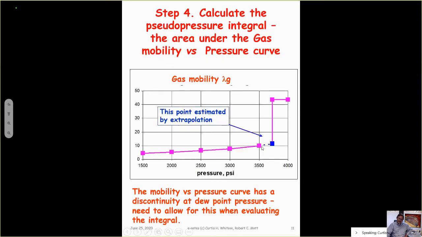And then basically from the trend of mobility here, he just extrapolates out to the dew point, okay? Now obviously the true function will go as a smooth function dropping like a rock and then kind of blowing in the wind to the west, and it'll end up over here.